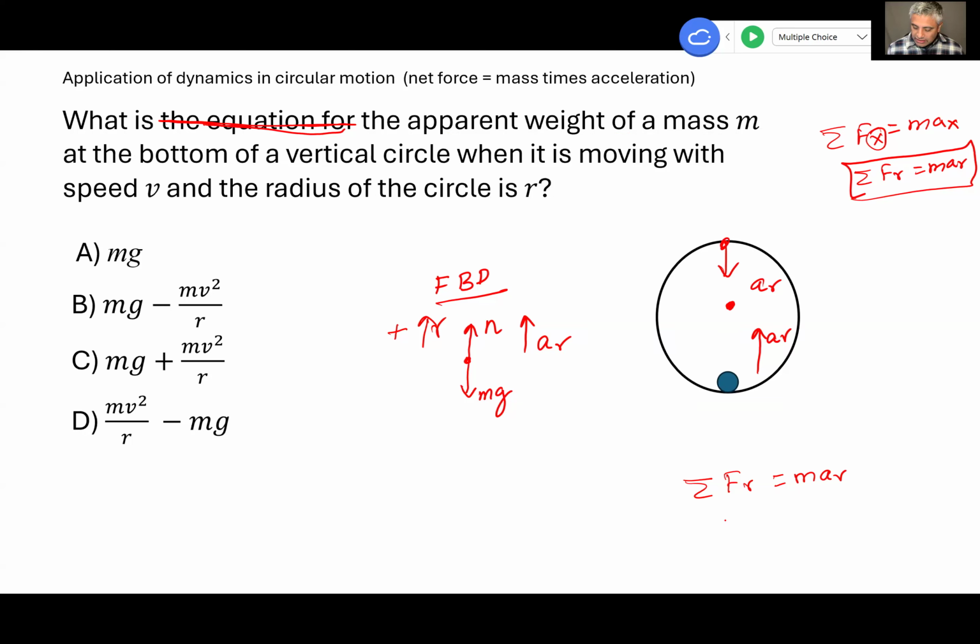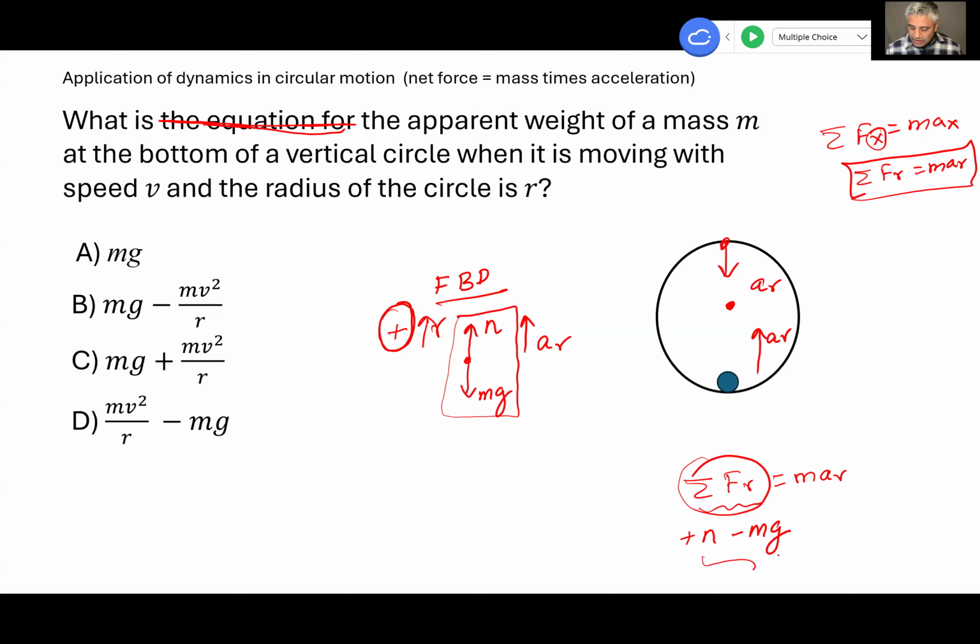So with that, the sum of forces in the radial direction. So there are two forces. The normal force is pointing up, and since we chose up as positive, the normal force is going to be positive. And then mg is pointing down, so it's going to be negative. Since there are two forces, the sum of all forces in the radial direction means just the sum of these two forces.